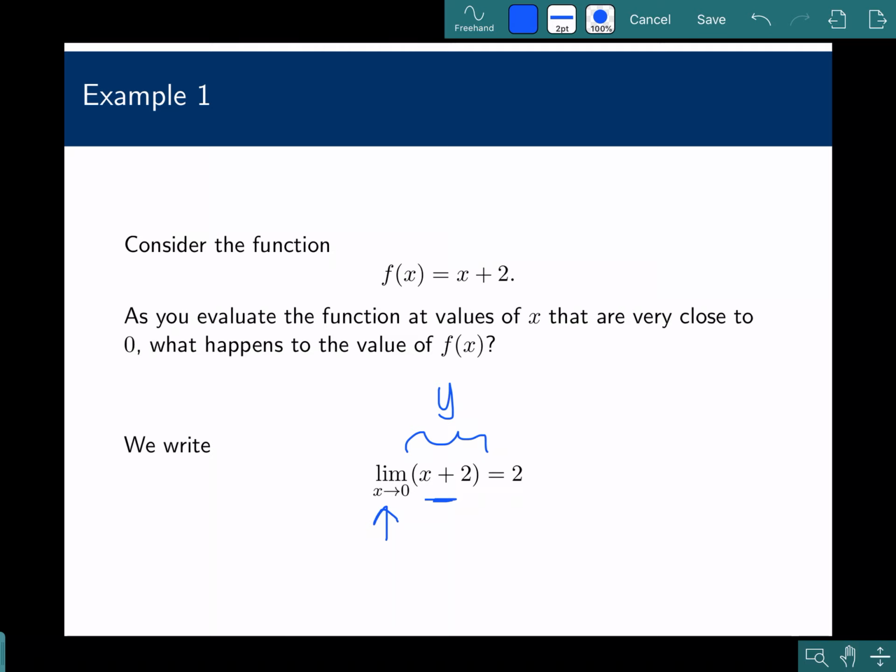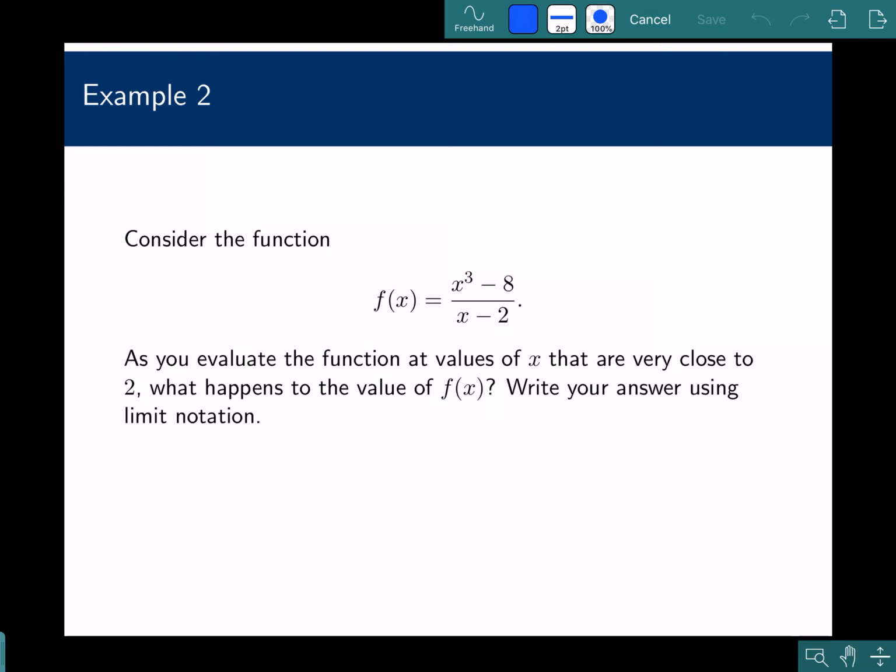That one was kind of easy. Let's look at another one. Consider this function. f of x is x cubed minus 8 over x minus 2. And I want to know what happens to the y values, the values of the function, if I am letting x get really close to 2.